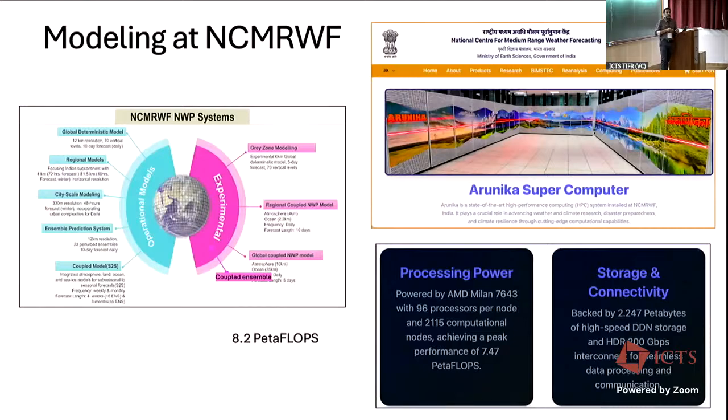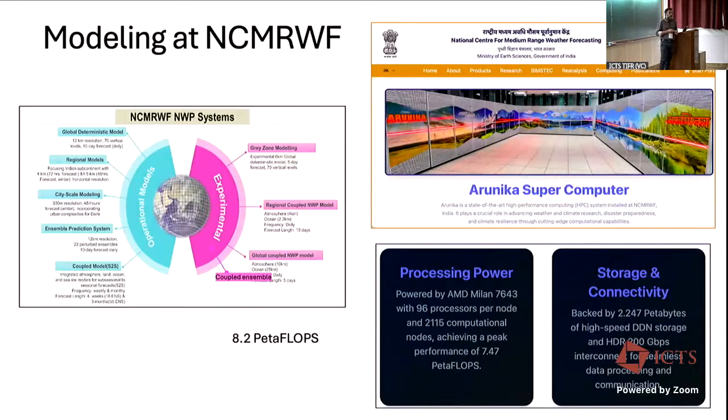You all may be aware that we have a high performance computer called Arunika, which was recently inaugurated by the Honorable Prime Minister. It has 8.2 petaflops performance and 2000 plus nodes for computation. We also have GPUs for AI/ML applications.